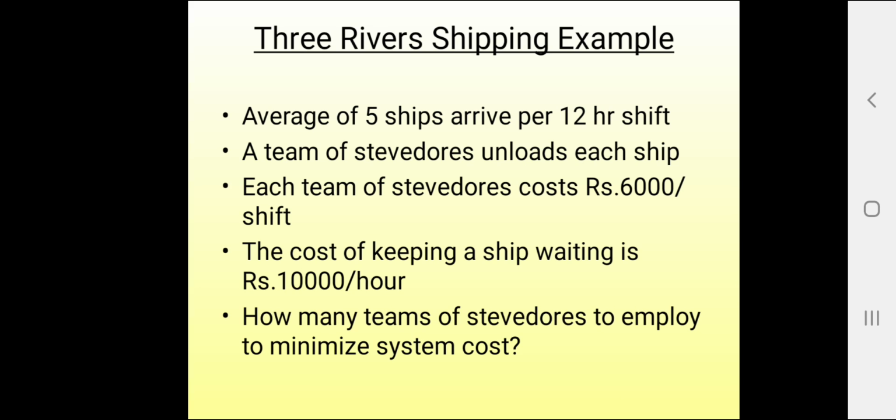A team of stewardess unload each ship. Each team of stewardess cost rupees 6,000 per shift. Per ship their cost is 6,000 rupees. 12 hours shifts means per day there are 2 shifts. So per shift the cost is 6,000 rupees.